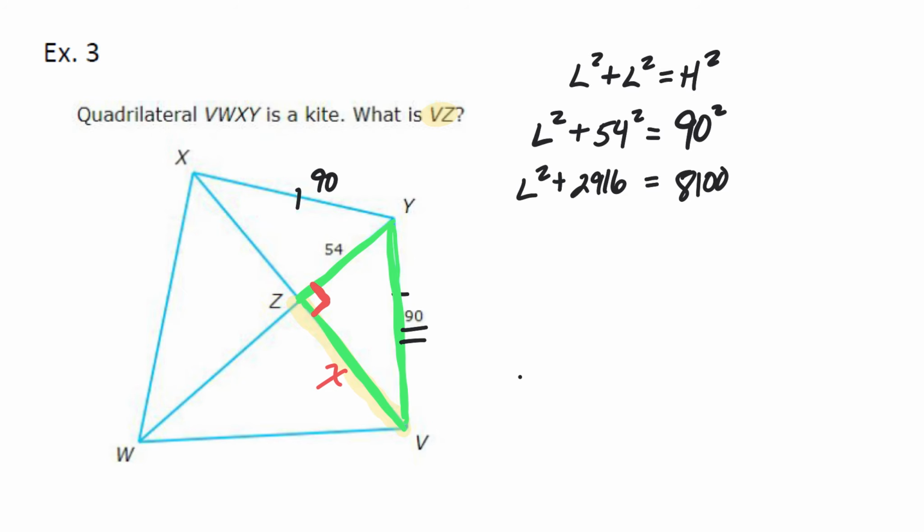We're going to move the 2,916 over to join the 8,100. That gives us 5,184. So we need to now take the square root of 5,184.